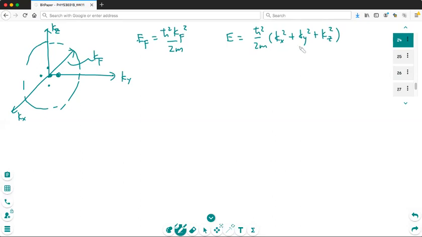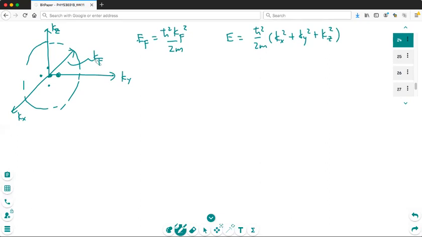Once I do it for a lot of particles, I will end up having a sphere, which can be described by a radius of k_F. Everything we derived before can be interpreted this way.